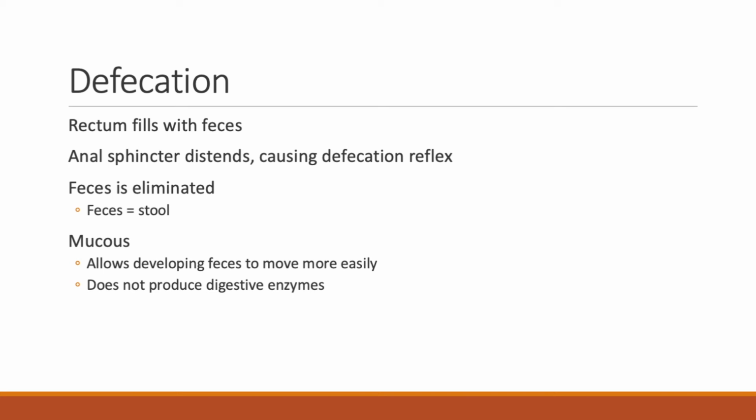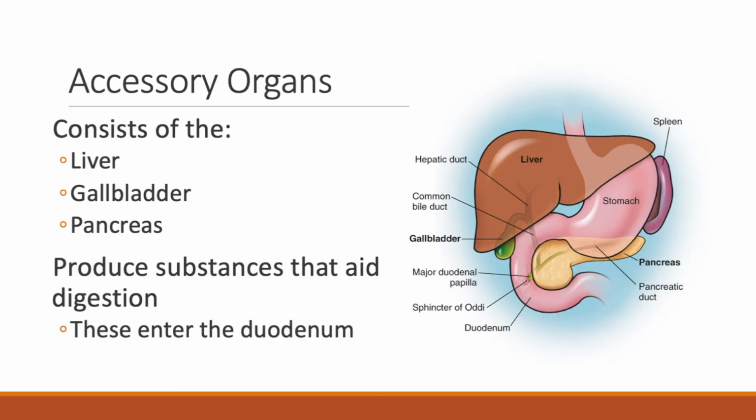The anal sphincter relaxes, causing the defecation reflex. Feces is then eliminated. Feces is also called stool. The mucus within the large intestine allows developing feces to move more easily. It does not produce digestive enzymes. It just allows the feces to move through so you don't get fissures, which are cuts into tissue.